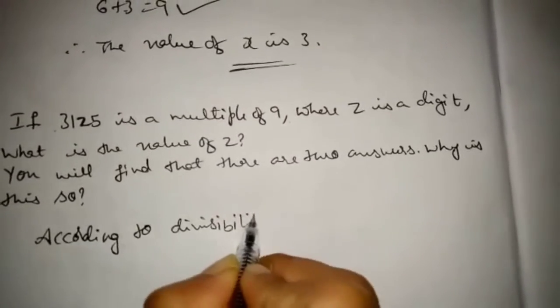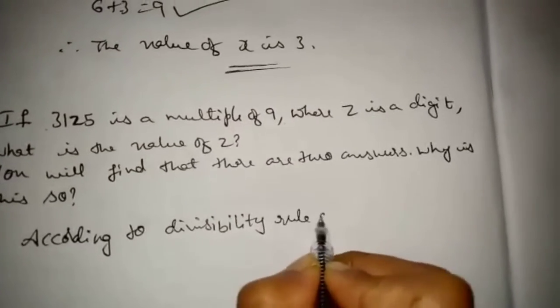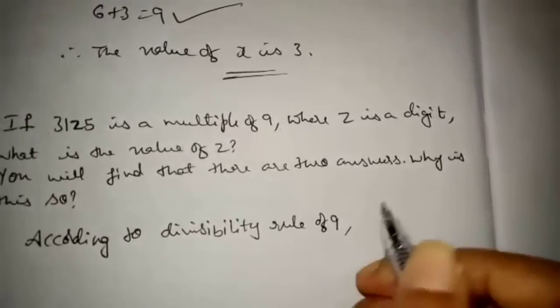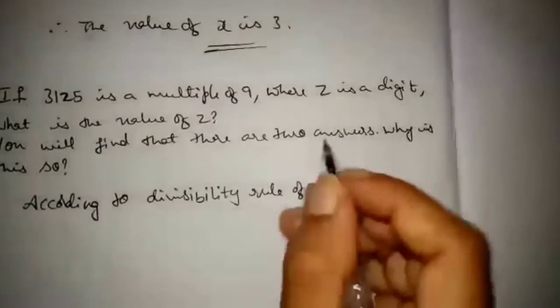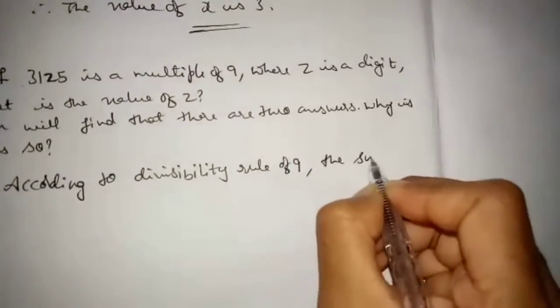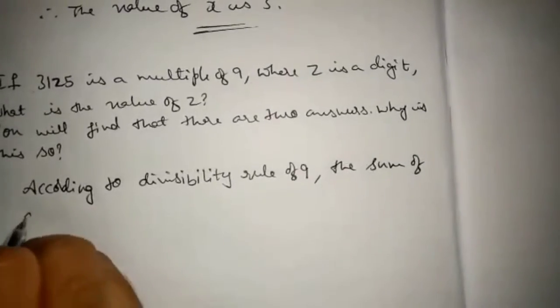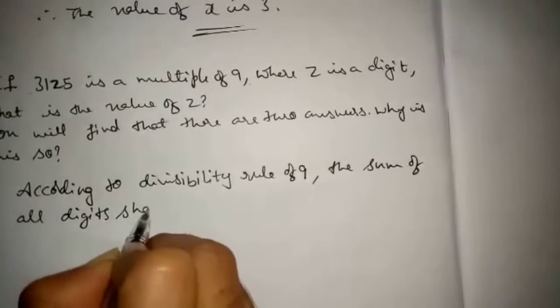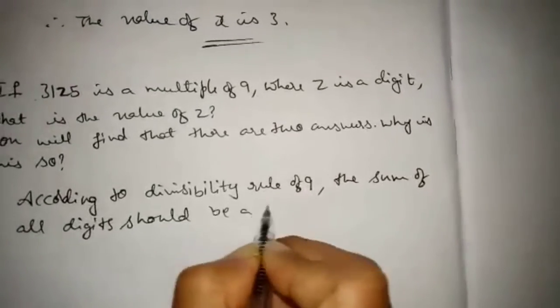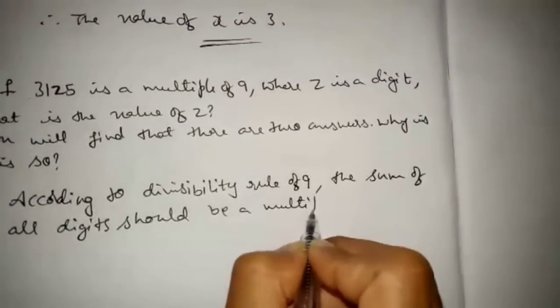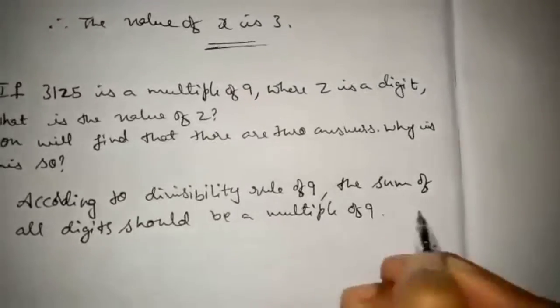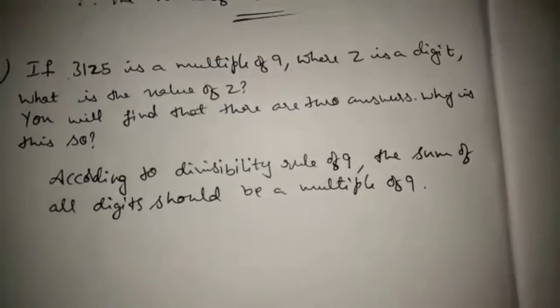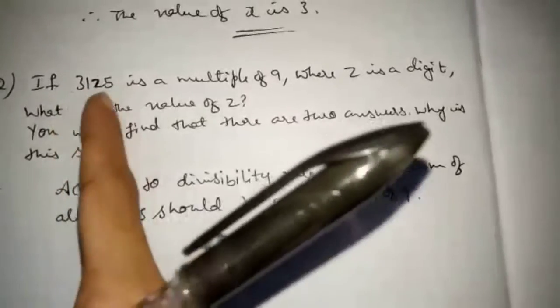according to the divisibility rule of 9, the sum of all digits should be a multiple of 9 or divisible by 9, you can also say. So first we'll add.